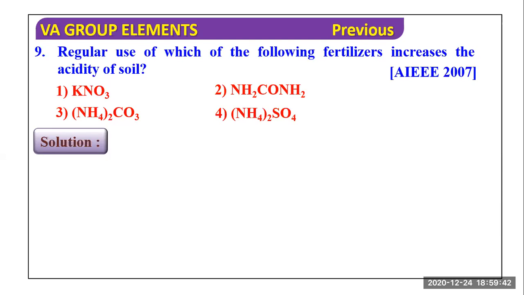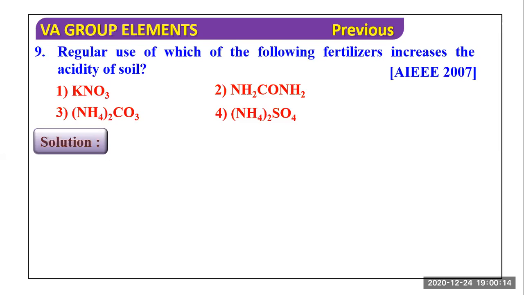Ammonium sulfate. This is a very important use as a fertilizer. When ammonium sulfate is hydrolyzed, it will form ammonium hydroxide and sulfuric acid, so it releases H+ ions.